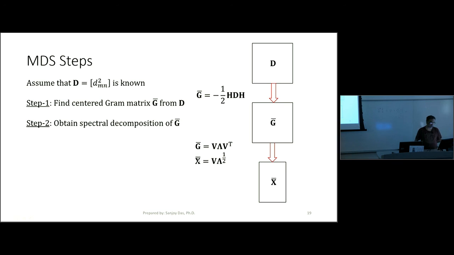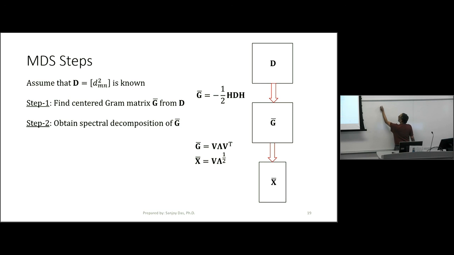If this is X bar, then what is X bar transpose? So let's have G bar equal to V lambda V transpose, and this lambda is a diagonal matrix of the eigenvalues, correct?